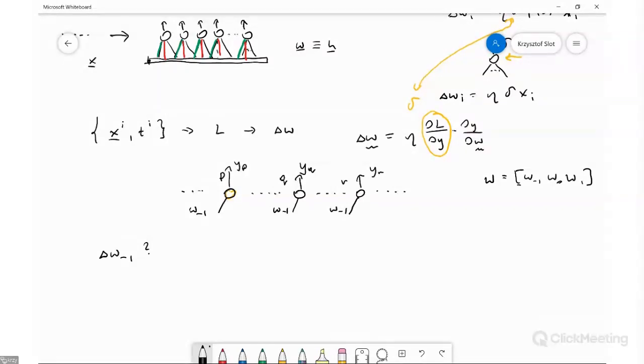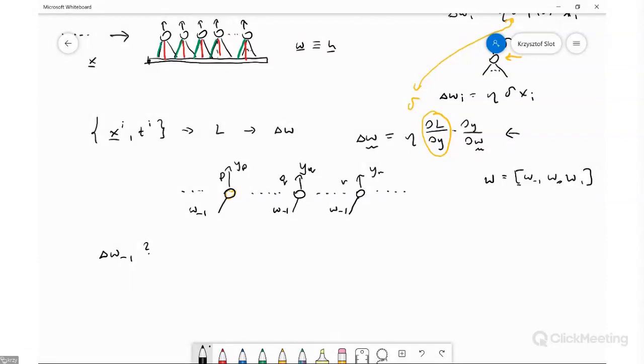If you look at this general formula that applies to multiple layer structures, you will notice that the error attributed to a particular neuron is just a derivative of the loss with respect to its output.